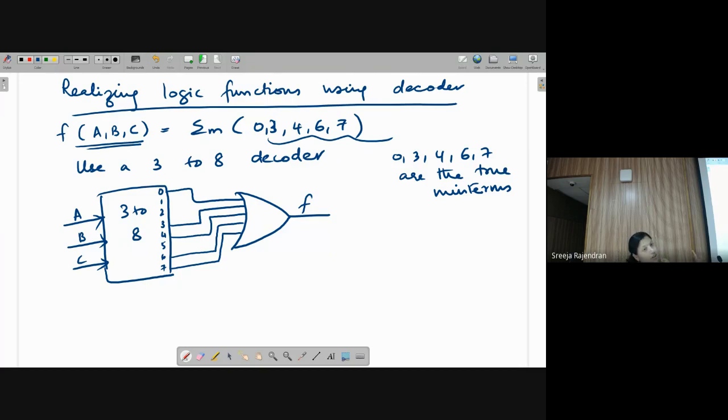So for any function given to you as minterms, let's see another one, f small one. There is not much confusion in implementing 1, 4, 5, and 6. Again, 3 inputs means I have to use a 3 to 8 decoder.